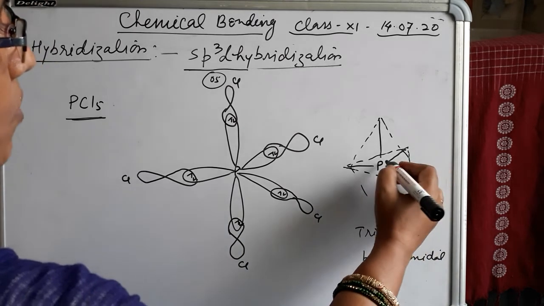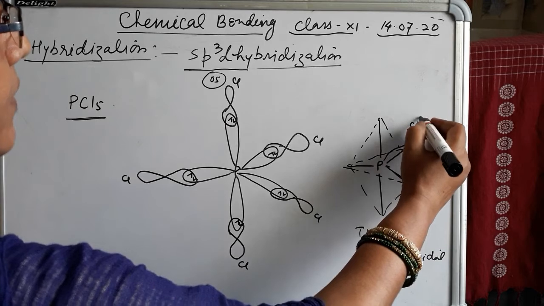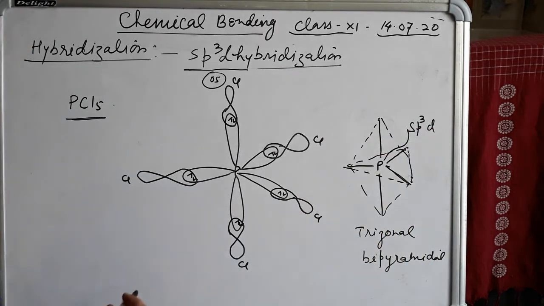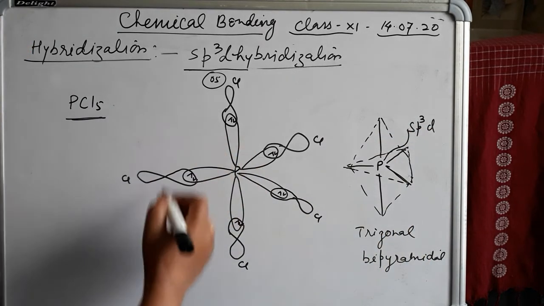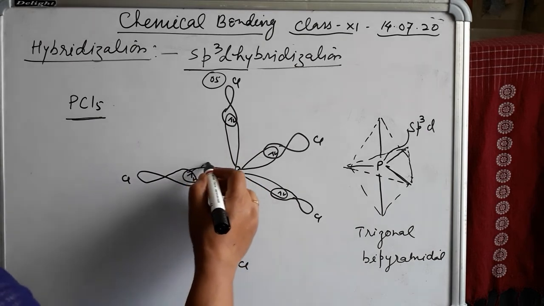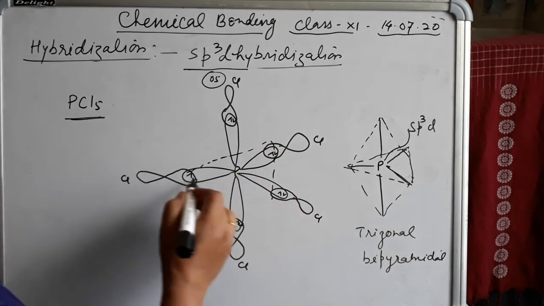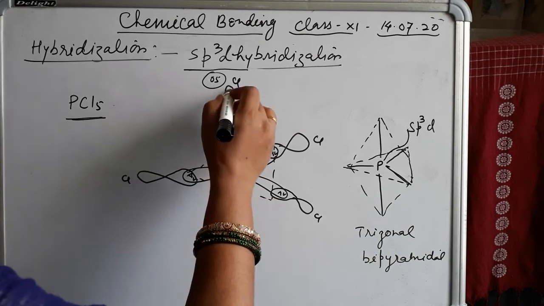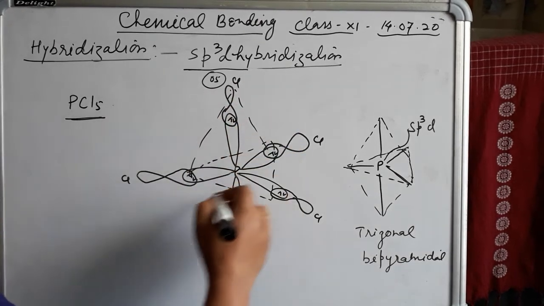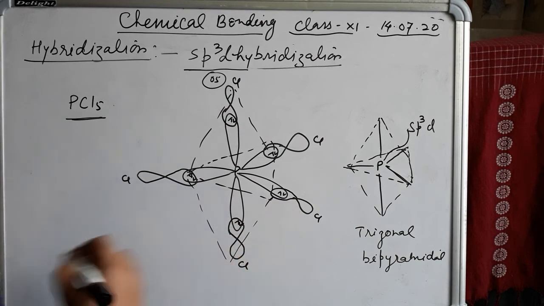And the hybridization of this is sp3d, because a total of 5 orbitals are involved here. You can draw the structure also here, and this will form like this.